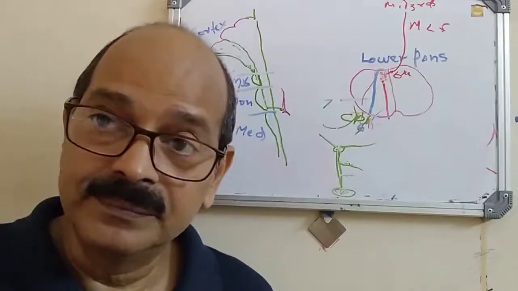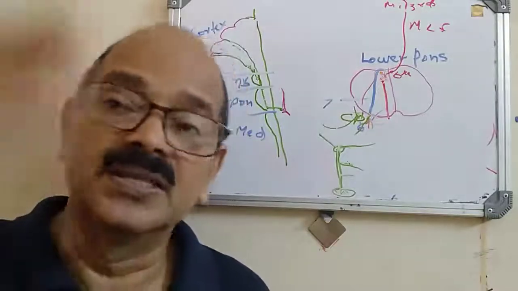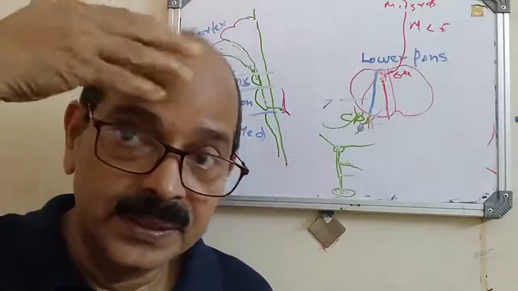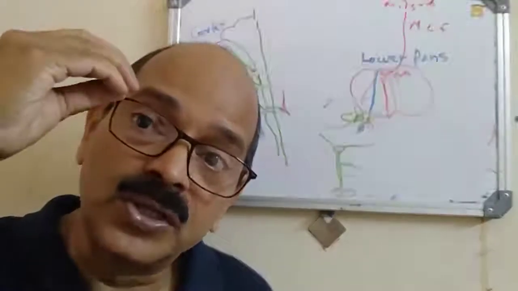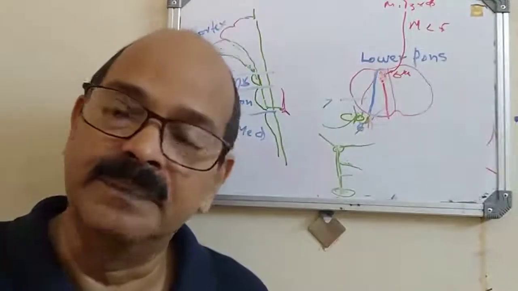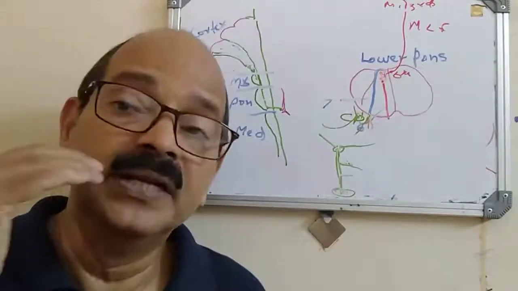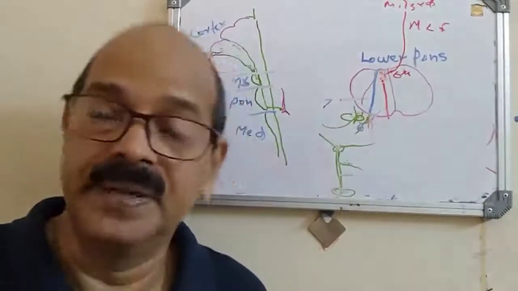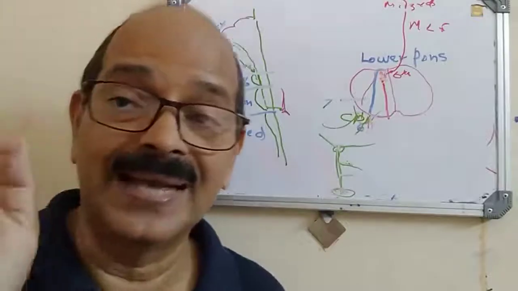In the LMN, you will get weakness of the whole side, the elevation, occlusion of the eyes, everything will be affected. In UMN, this part will be spared and this part will be affected. What are the catches here?